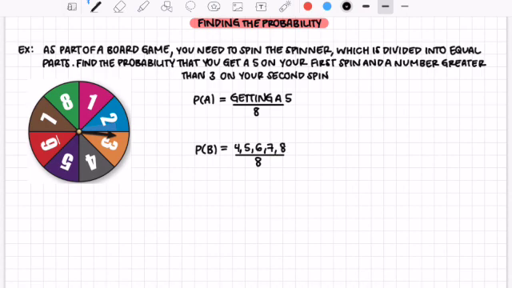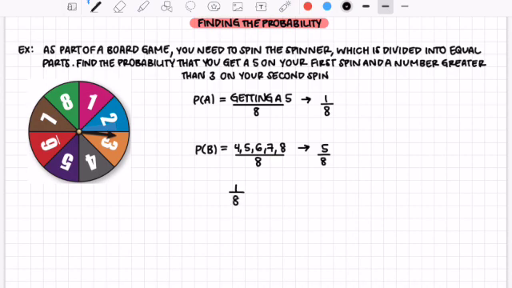So based off of that, I could say that I only have 1 chance out of 8 to get a 5. And then on the other one, I have 1, 2, 3, 4, 5 chances of getting one of those 5 numbers. So 5 out of 8. All I need to do now is just multiply those 2 together.